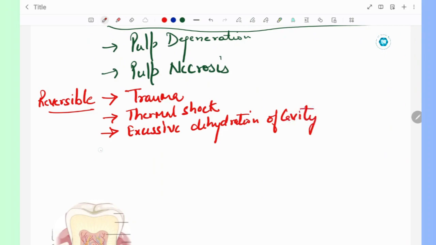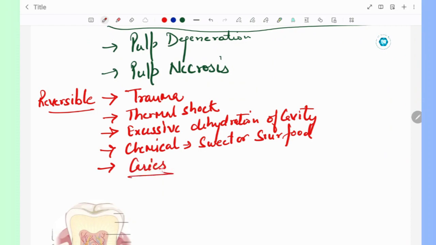It can be caused by any chemical stimulus, for example, the sweet or sour food. It can be caused due to the caries.